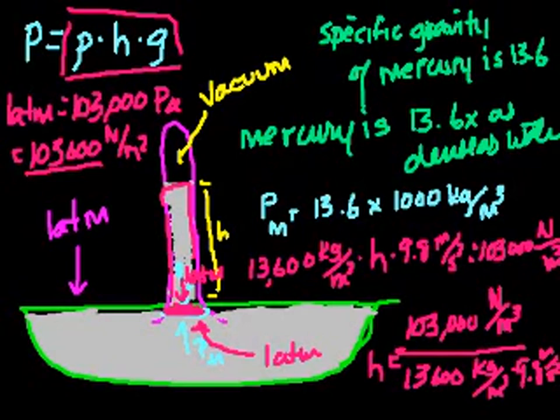And what does that get us to? And notice, make sure you always have the units right. That's the hardest thing about these problems, just to know that an atmosphere is 103,000 pascals, which is also the same as newtons per meter squared.